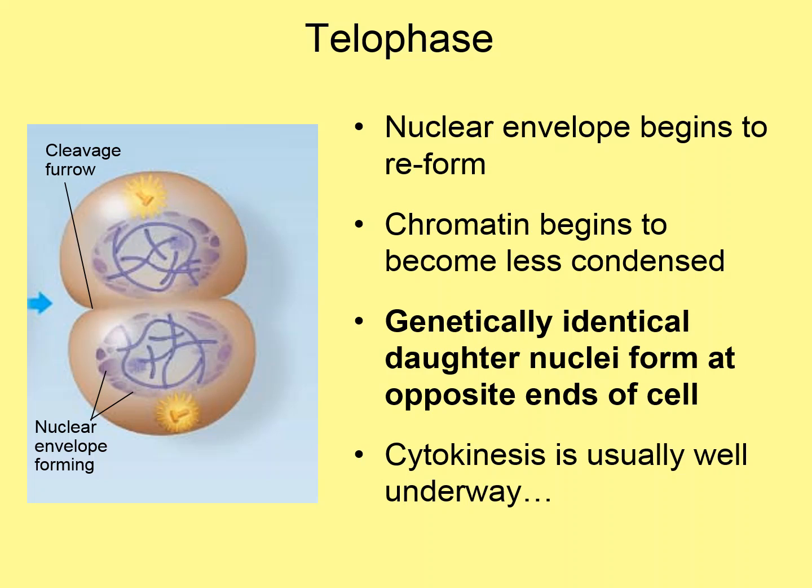It's very much like drawing a purse string. Those filaments basically become tighter and tighter with each other until eventually we bud off one cell from another. So in telophase, we're reversing the actions of prophase, and halfway through telophase, cytokinesis has already started.